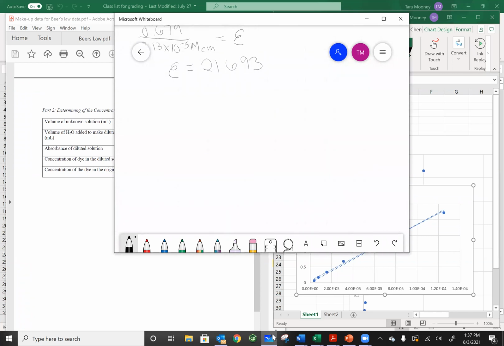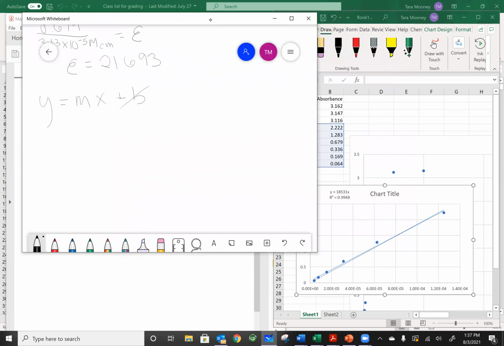Okay, so let's first write down y equals mx plus b. So we set the y-intercept to 0, so we don't need to use that portion. So our equation of our line is y equals 18531x.